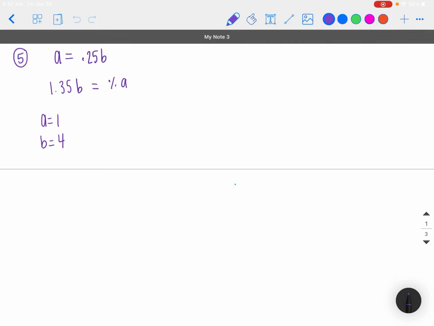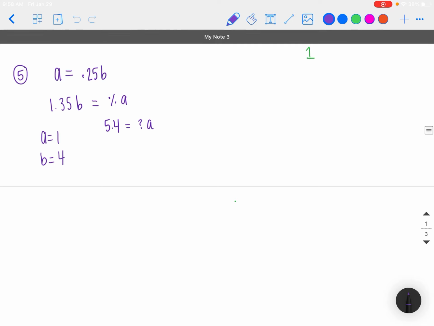And so then let's take 1.35 times 4. We get 5.4 is what percent of A? So what percent of 1? That would be 540%, which is D. That one was a little more confusing, I will say.